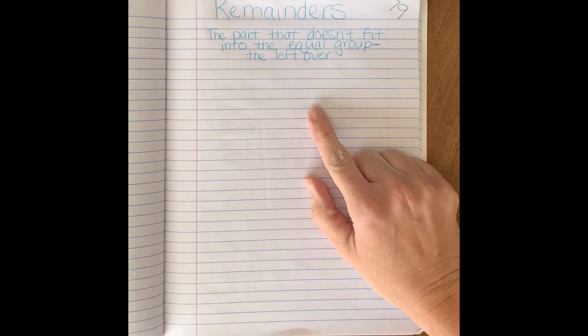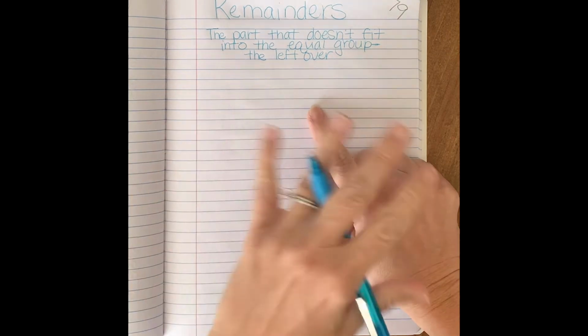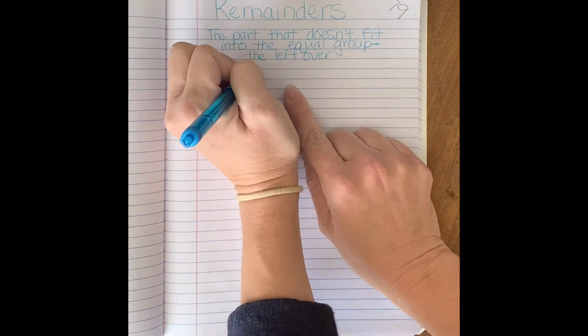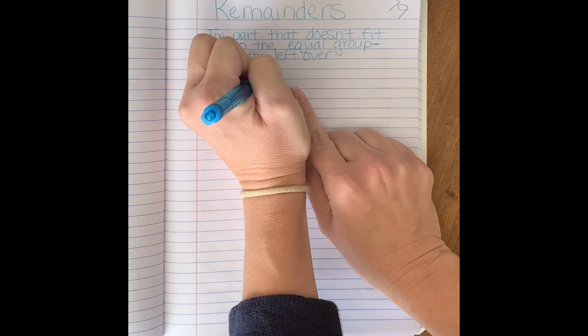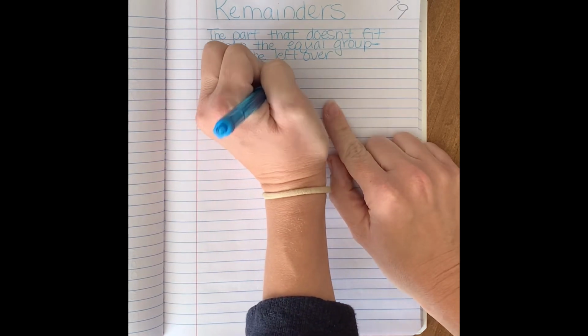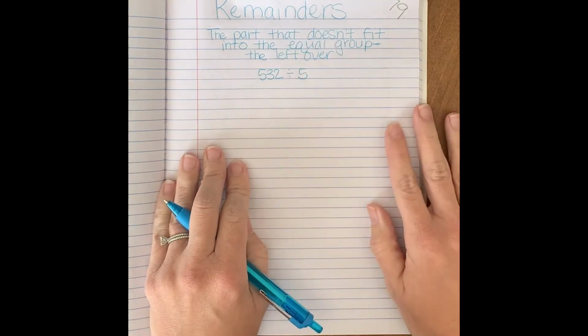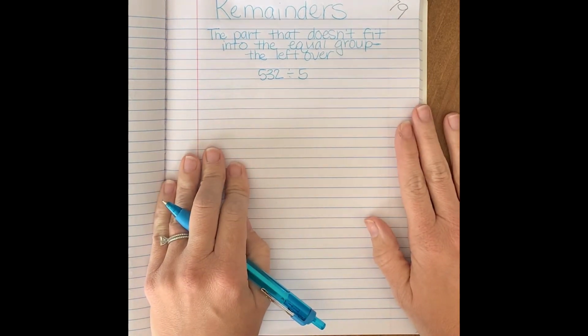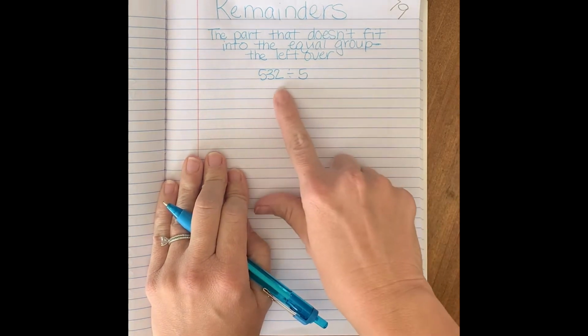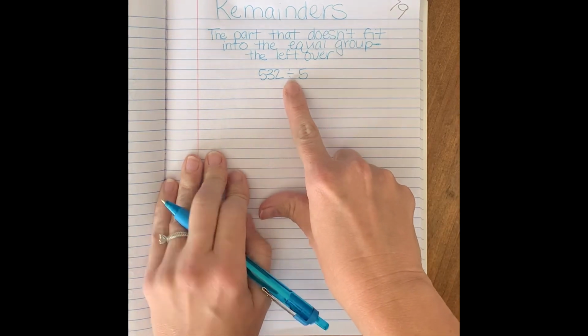We're going to write it out horizontally, and then we're going to write it in the house with our flagpole. So I want you to do 532 divided by 5.